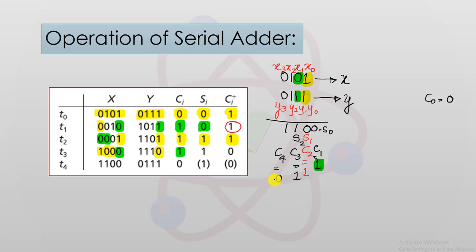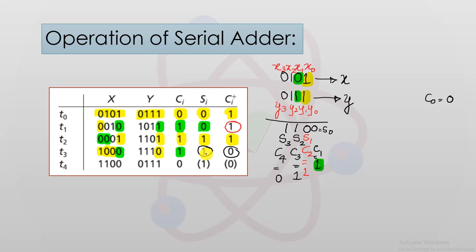to 0. So what you can observe is that from the table you have the sum, which now I am going to denote as S3, and the carry is equal to 0.